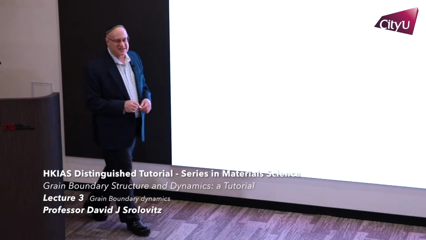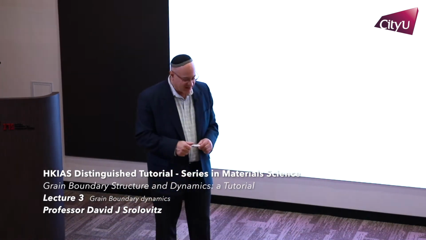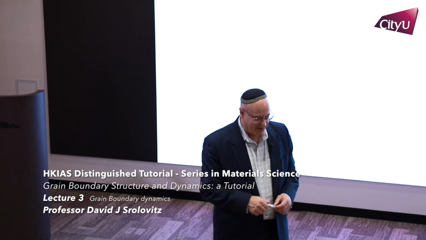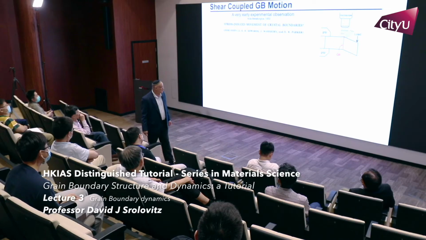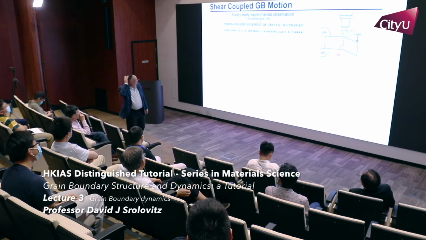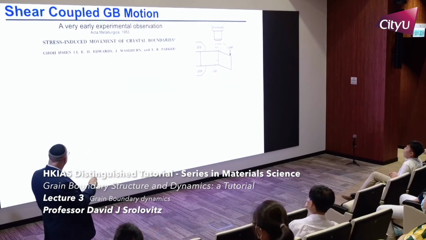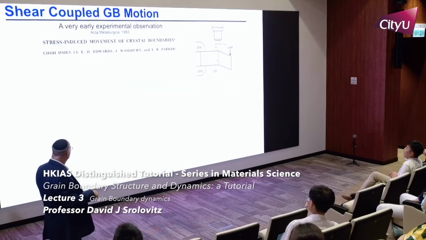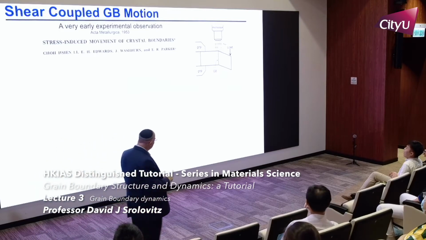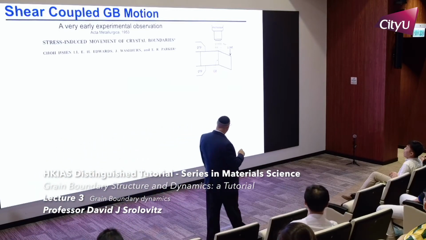So there has been a lot of interest in all this since the early 2000s, but in fact, this is really a very old observation that when you apply a stress, you can drive grain motion. And I plug in, this is from a really, really old paper from 1953. It's known as the Parker-Washburn experiment. And what they do is really interesting.